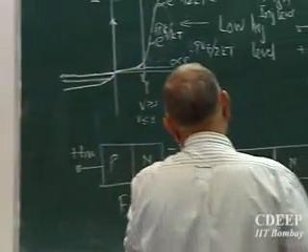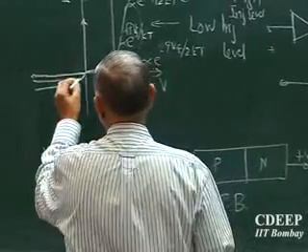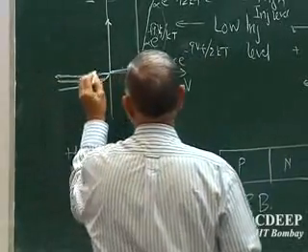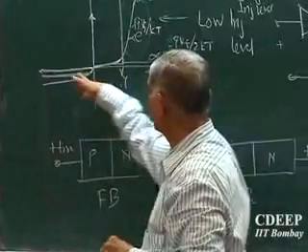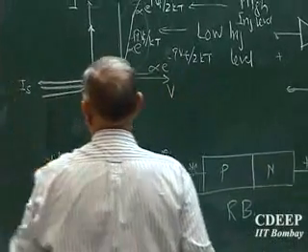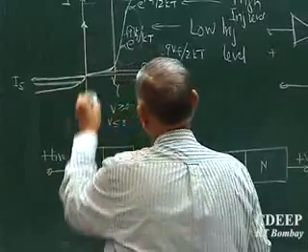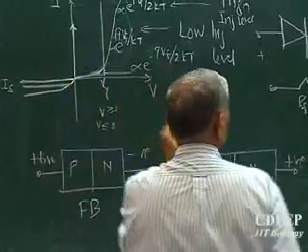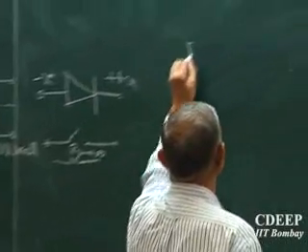Now it happens to be very interesting: whatever pre-exponent I get in this current, let's call this value I saturation, Is. The relationship here shows a very interesting result.